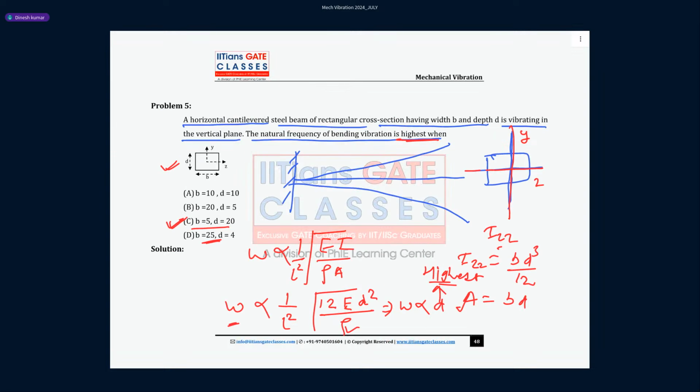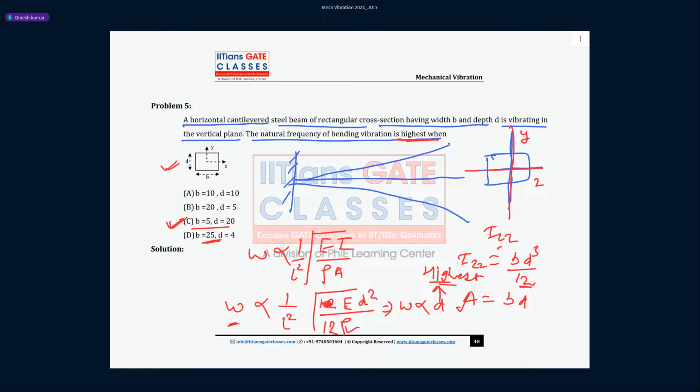Now, if you see, 12 is in the denominator. It's b d cubed by 12. Sorry, it is in the denominator. If you write I by A, it will be D square by 12. I by A is nothing but what?